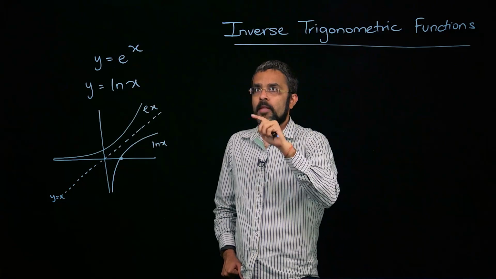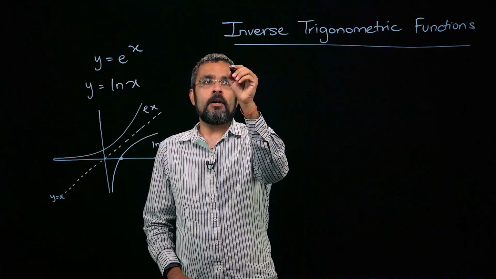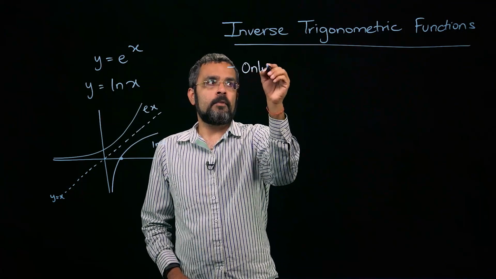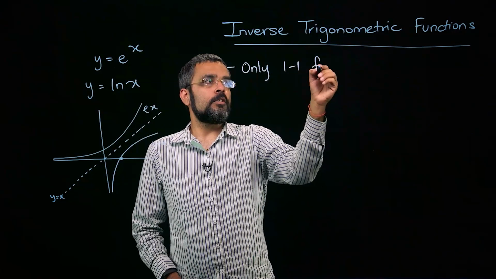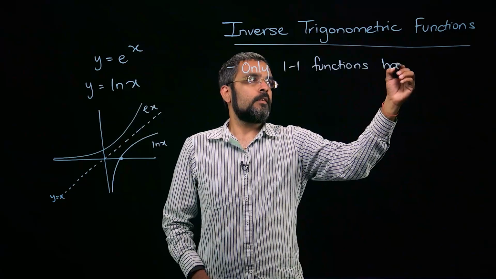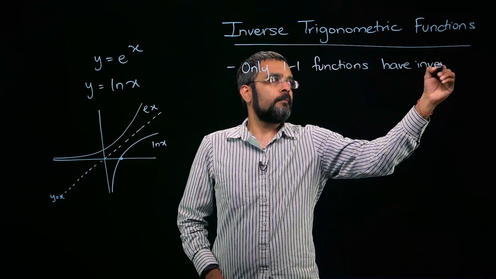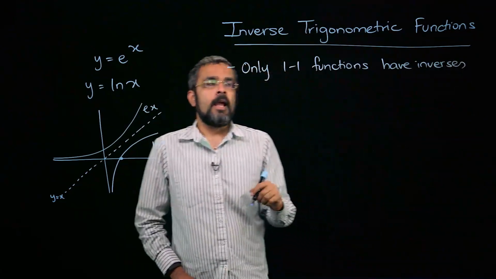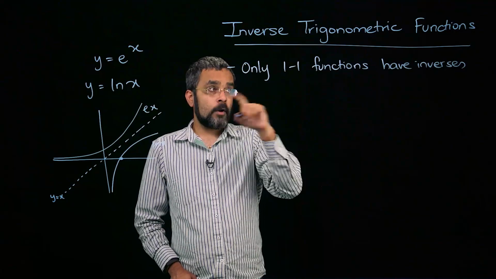So we're interested in doing something of that sort with trigonometric functions. Now, notice one more thing: for me to have inverse functions, only one-to-one functions have inverses. First of all, what are one-to-one functions?